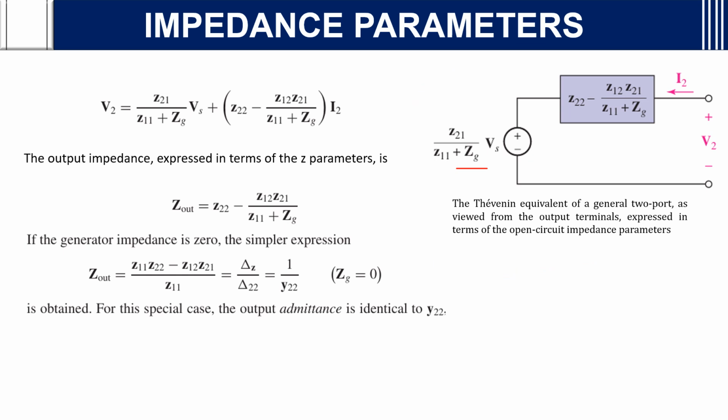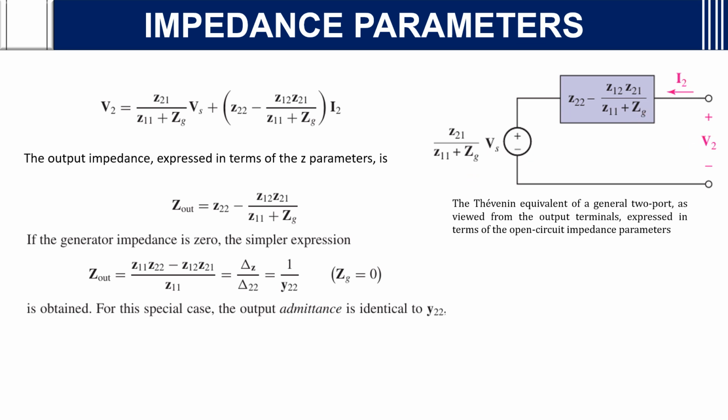If this is the equation given, then to find Z out, the voltage across V2 is what? Z21 by Z11 plus ZG into Vs plus Z22 minus this. This is the voltage across this. You will get the V2 value.